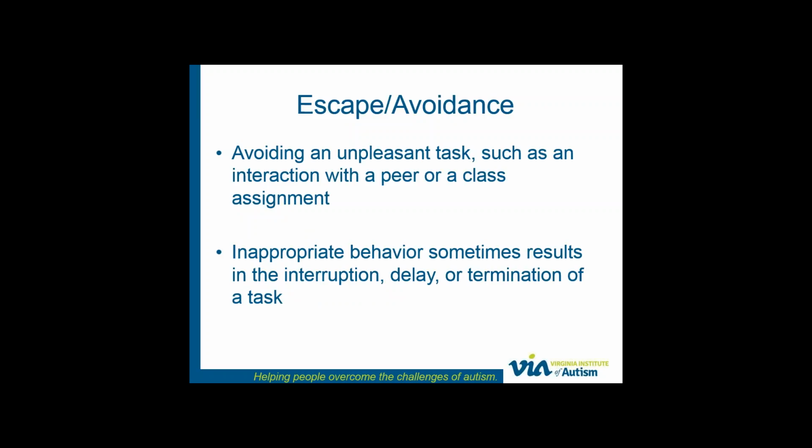Same way a child may act out in class to escape a non-preferred activity. For example, if you send a child to timeout when he's engaging in problem behavior in the class, that means the child got a break. So he's like, oh, great, I got escape from this task. I'm more likely to have a tantrum to get timeout in the future.